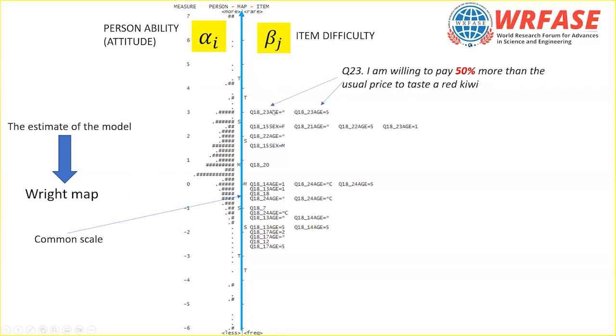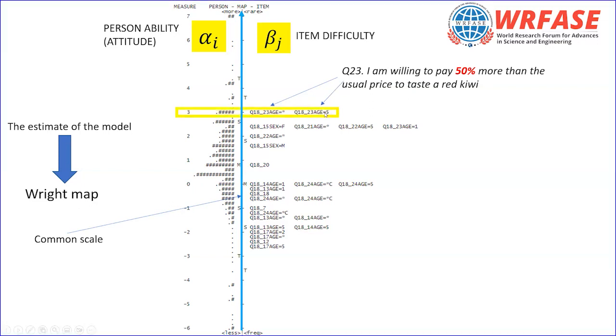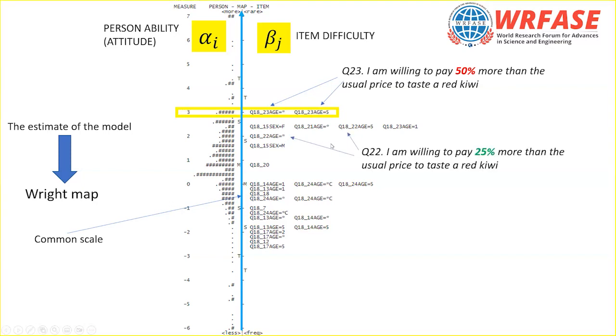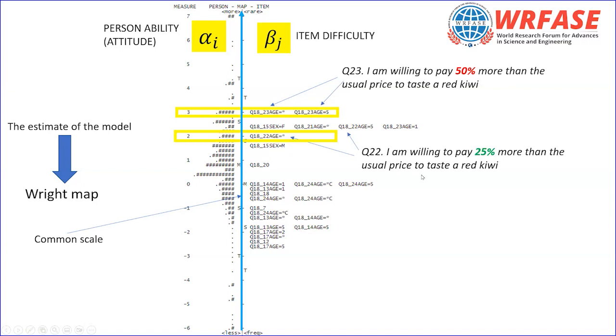For example, this is the question regarding willingness to pay 50% more than the usual price. And this question has a difficulty of 3. Instead, this is question Q22, willing to pay 25% more than the usual price. And this difficulty is only 2, obviously less than the preceding question.